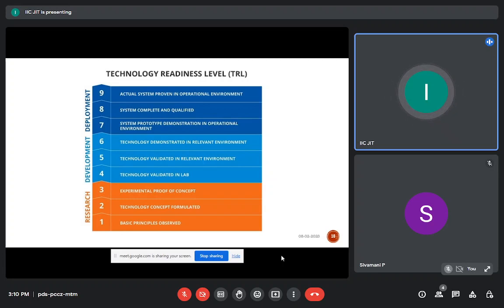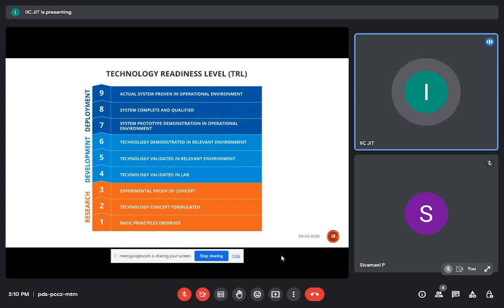If I give you an example, when you are learning driving in a driving school, going in the car, you try driving. Very difficult.